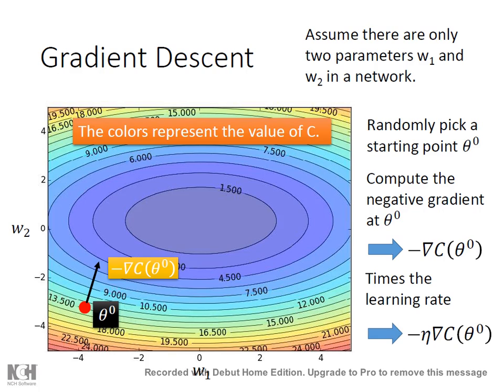And then you can update your parameter based on this function. So the gradient descent is actually like this: your next parameter configuration will be like this.